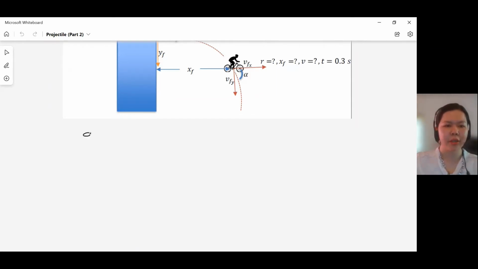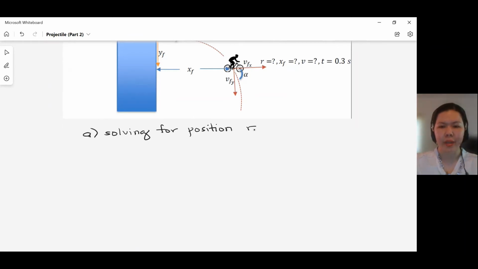So letter A, solving for position r at t equals 0.3 second. Here we will use the equation for r.